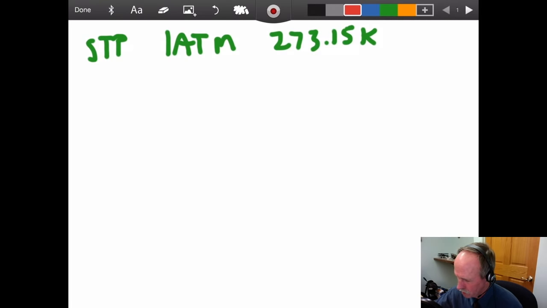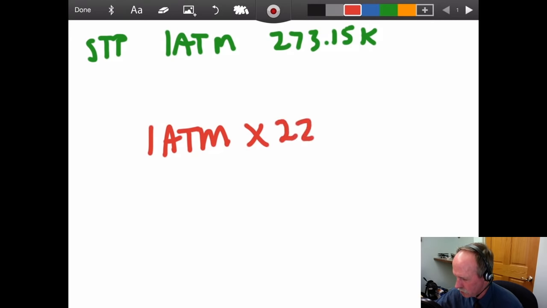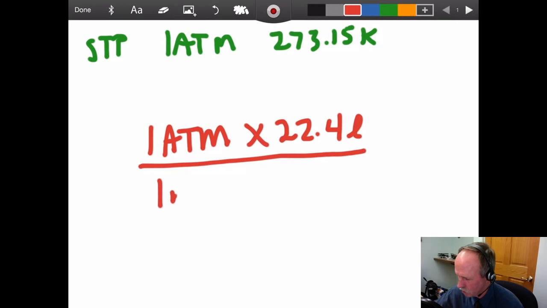So, PV is 1 atmosphere times the volume of 1 mole of gas, which is 22.4 liters, over 1 mole, which is the number of moles, times the temperature, 273.15 Kelvin.